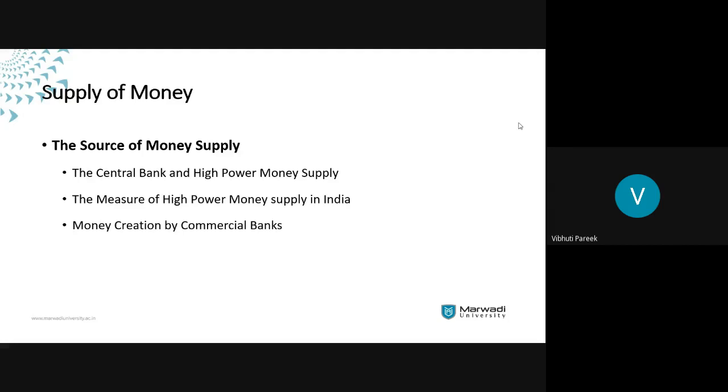But at the same time, I do not expect you people to remember it because it was in the last part of the lecture, and I've already told you I have been a student, so I know how much of what is covered in the last part of a lecture you remember. Okay, so we'll start with the measure of high power money.